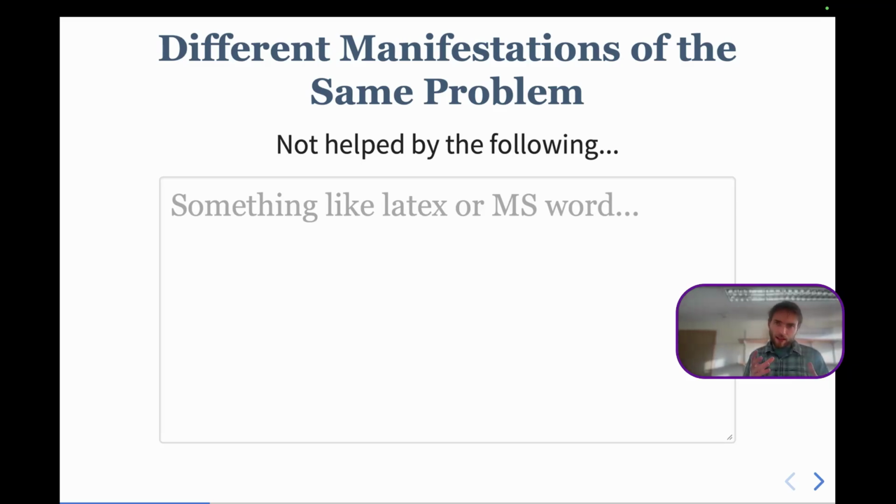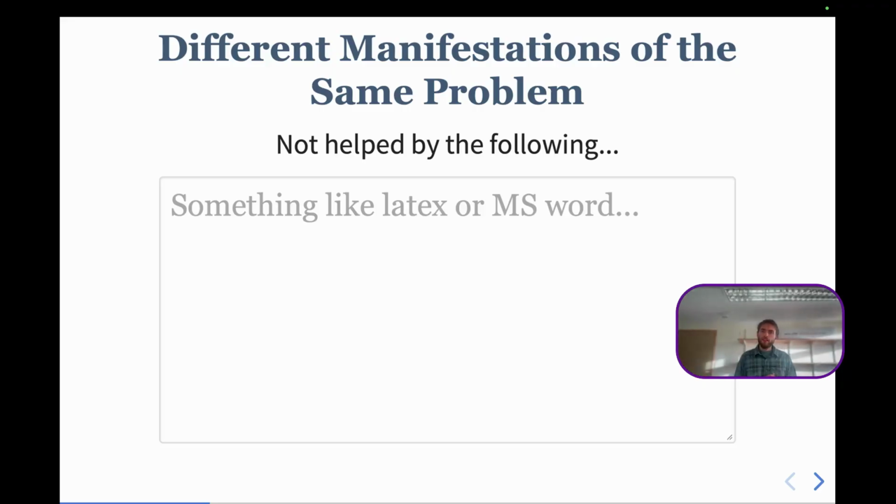And if you think of it like that, you realize that the first story that I told you, bugs in code, and the second story, typos, factor of two errors, conceptual errors in papers, are really one and the same thing. And they actually have the same solution.